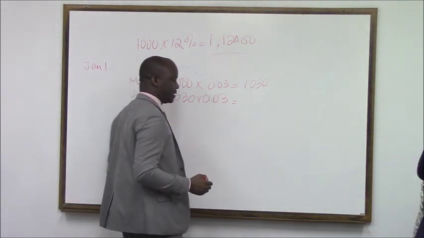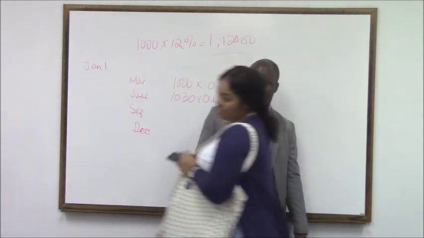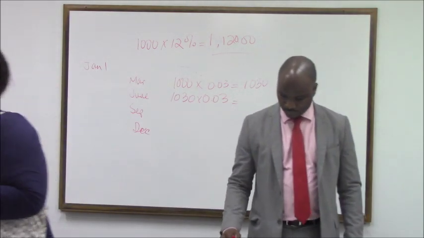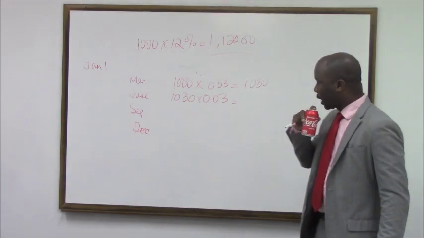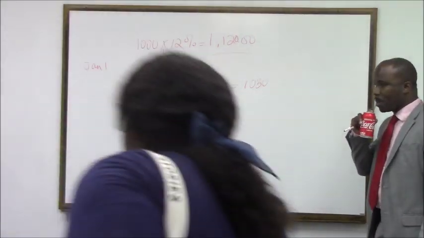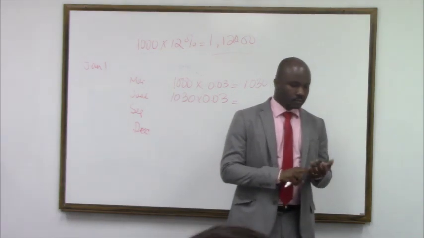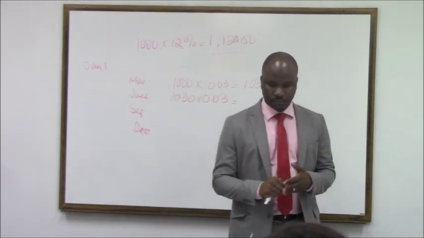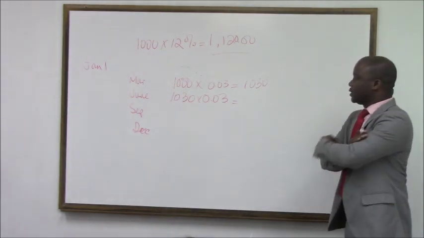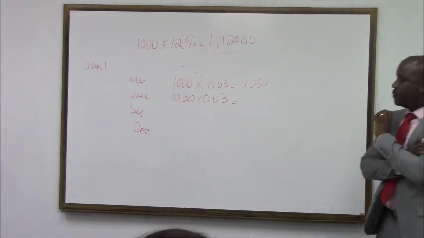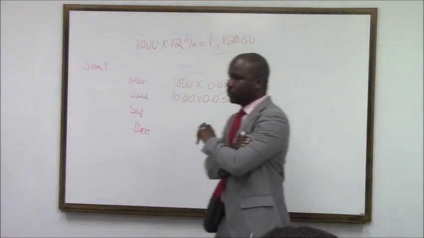Now what's my answer there? Anybody? So you have $1,030 and you multiply it by 3%, and what would you get?